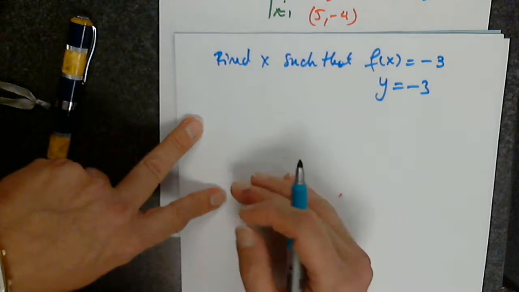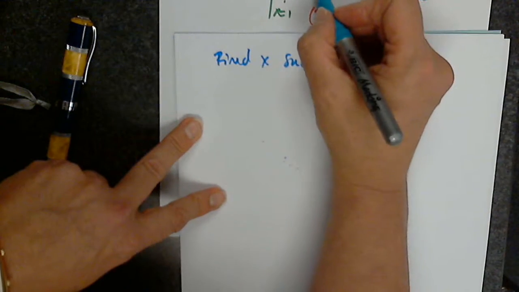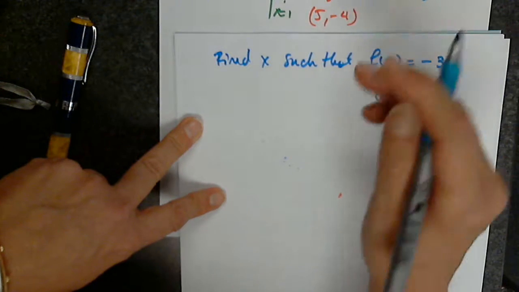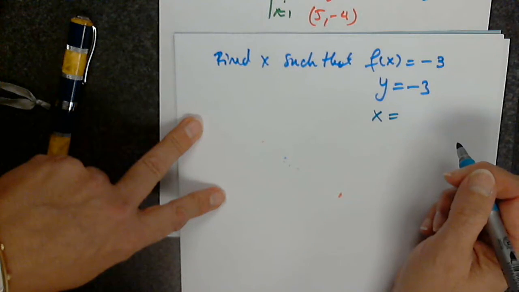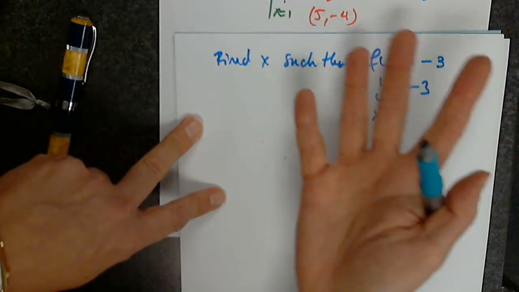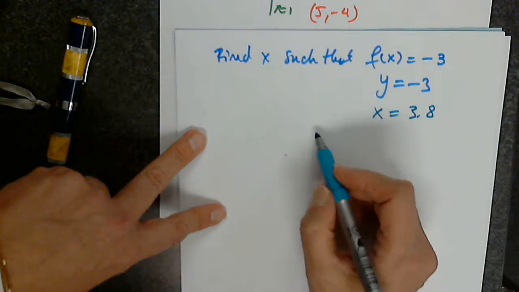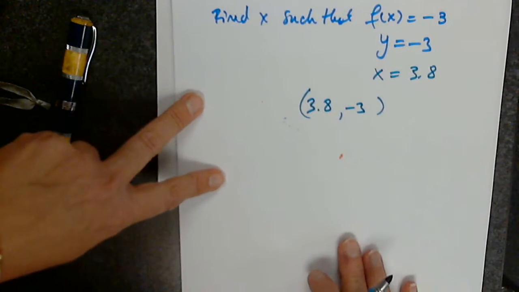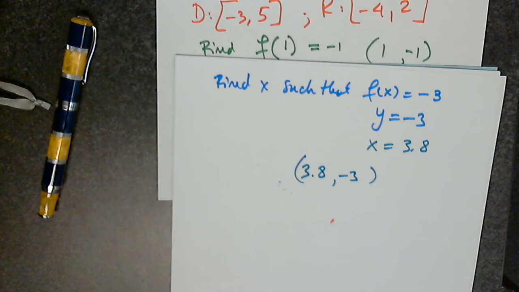Does the horizontal line cross the graph? Yeah. Good. So please read the x value for me. X equals 3. I'll say 3.8 from my graph. I accept both. So then 3.8 comma negative 3. Very good.